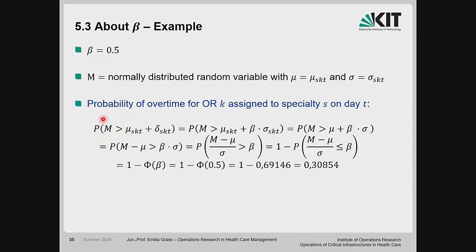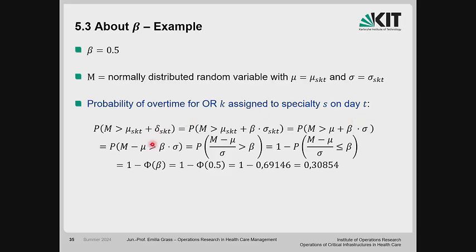So we want to know that M, the duration of our surgery, exceeds the expected mean value plus this slack time, the unused time. We can simply replace delta by beta times standard deviation from the previous slide, and then neglect the indices for simplicity.